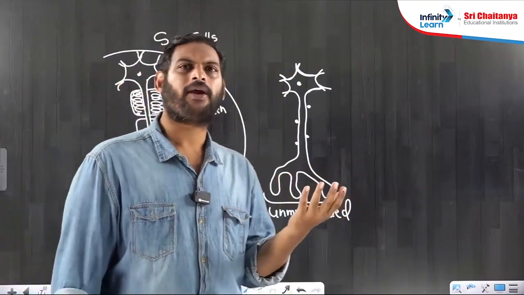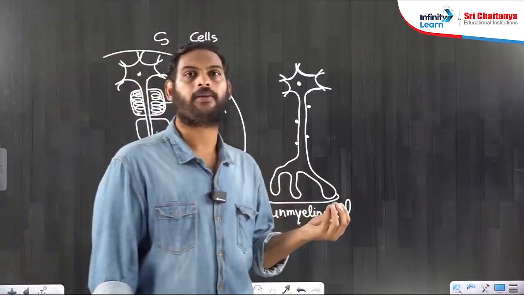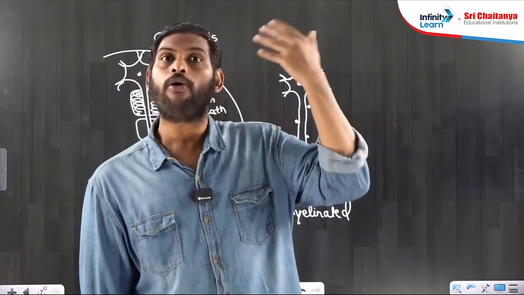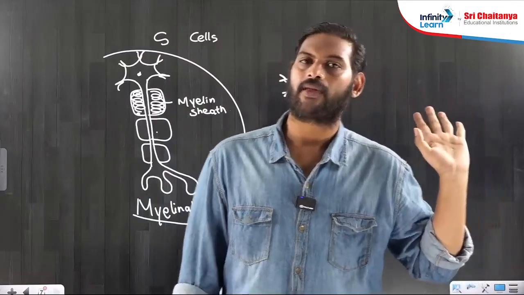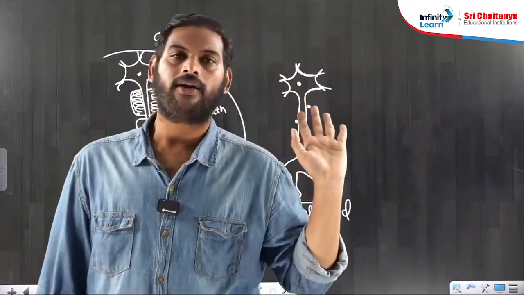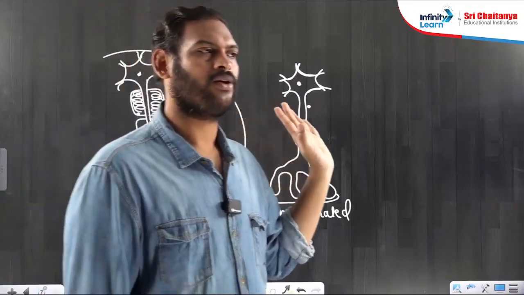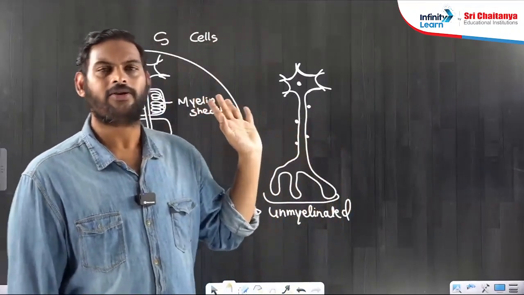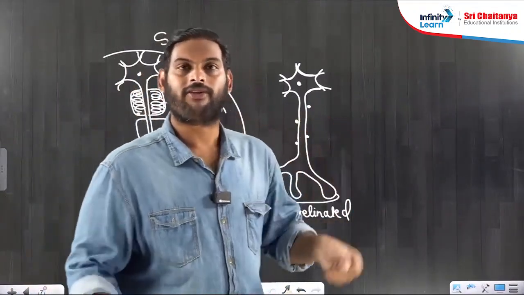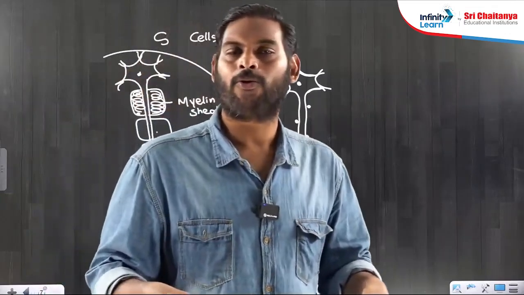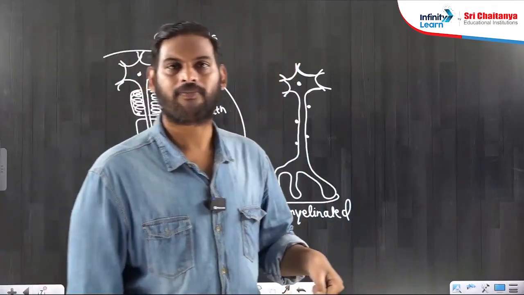And if a person is very unlucky, his own immune system may kill his myelin sheath, like which has happened in Stephen Hawking, wheelchair scientist. You guys know about him? Stephen Hawking, wheelchair scientist who operated with a single finger, who gave information on black holes. You know that person?